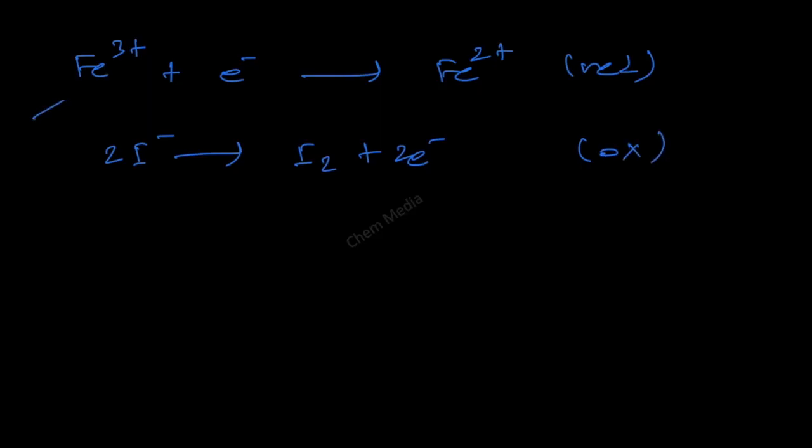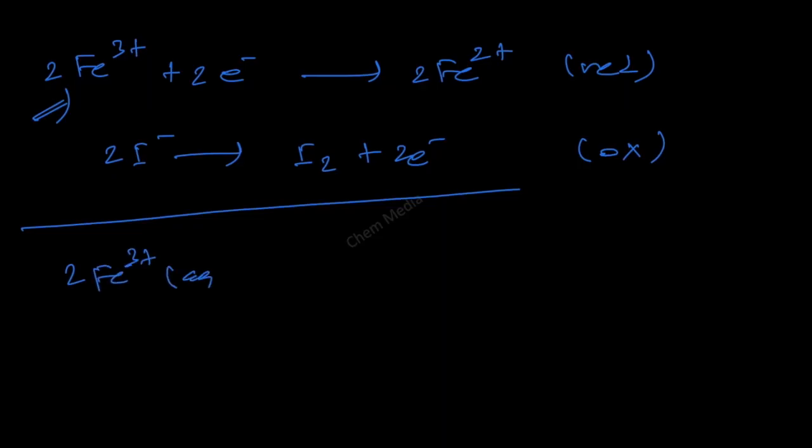Now, to balance the equation, we have to multiply this entire equation by 2. Therefore, the net reaction is 2Fe3 plus and 2I minus giving 2Fe2 plus and I2.